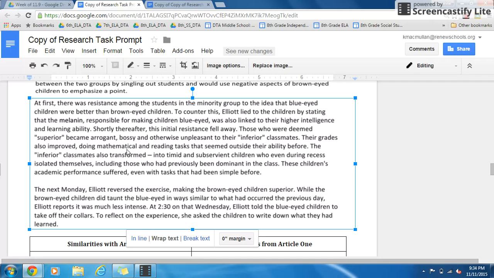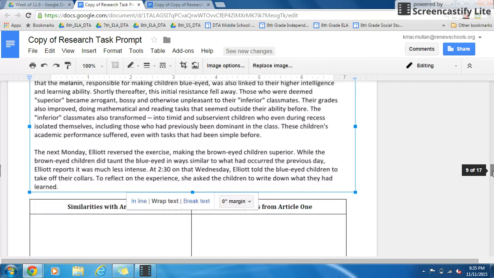They also improved their grades because she was telling them they were smarter and better. They actually started to rise above and meet her standards. While the brown-eyed children, who were being told that they were not as smart and not as good as their classmates, started to get shy, they stopped talking, and they started acting as though they actually were inferior, even though there is no scientific proof that any type of intelligence has anything to do with eye color. There is no link there.